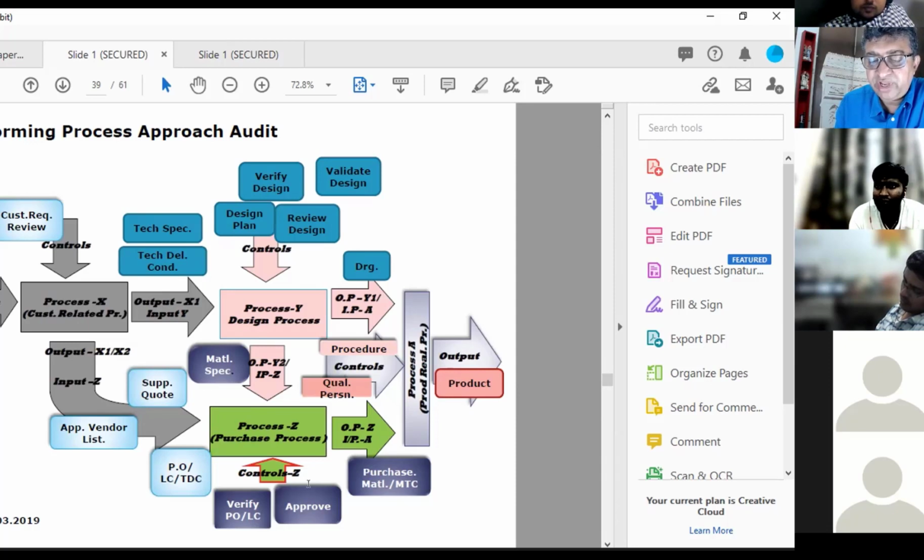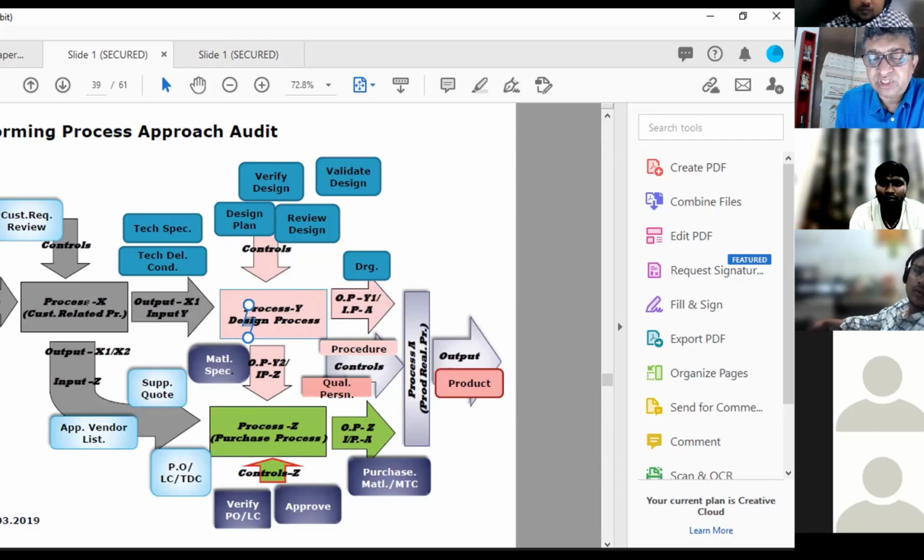All these outputs are going there or not, you check and you move along with the purchase process, taking into consideration all these inputs and outputs, and then go to the next process.